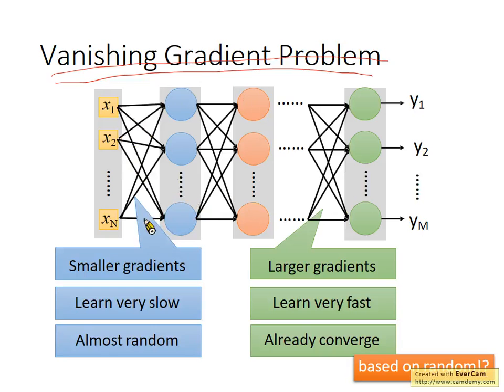At the early layers, we may find that they have smaller gradient. When we update this network again and again, we will find that at early layers, the gradient is small, and then the parameters will be updated very slowly, and almost random parameters will be learned for early layers.